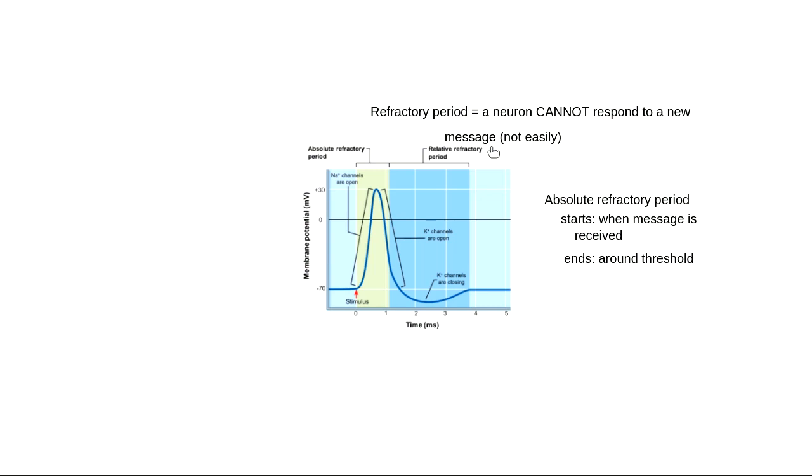From the point when a neuron first gets a message, let's say I'm talking to you. I send you a message. From the moment that you get my message, the stimulus, to the moment that you send that message to your GroupMe chat members, to the moment when you're getting ready to put your phone back down, let's say, this is what we'd call the absolute refractory period.